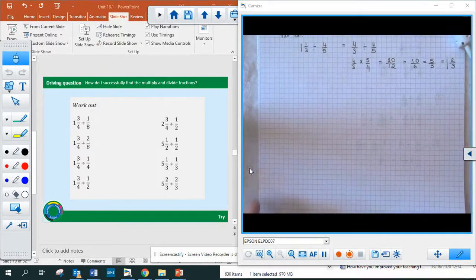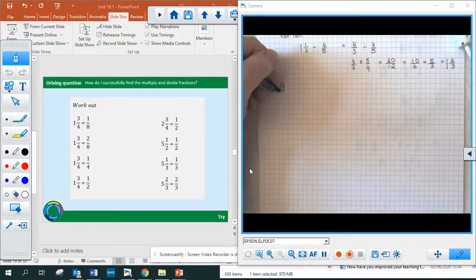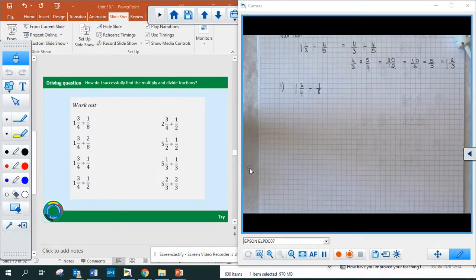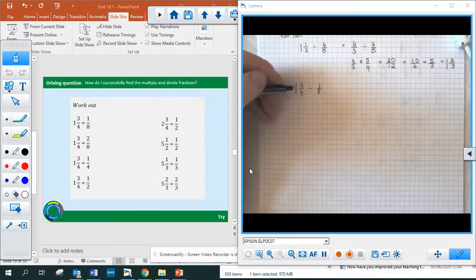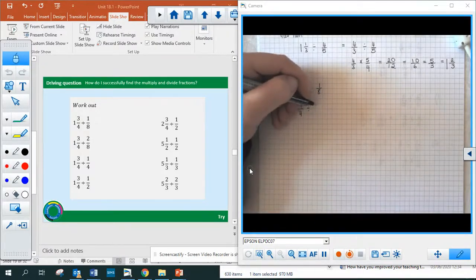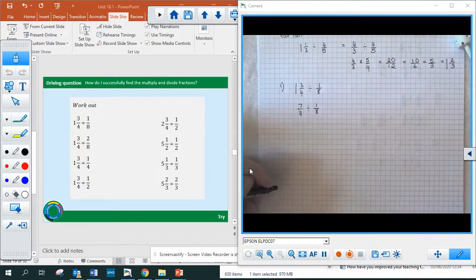So if I start with the first question that you had, you needed to do 1 3/4 divided by 1/8. First step, convert my mixed number to an improper fraction. 1 times 4 is 4, plus 3 is 7. So that's equal to 7/4 divided by 1/8.